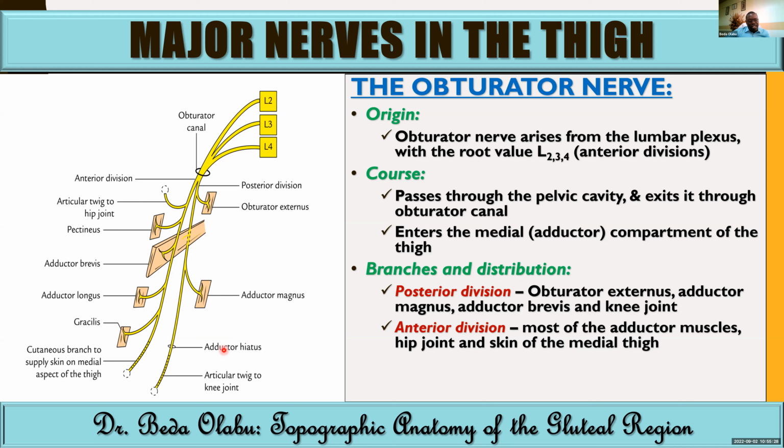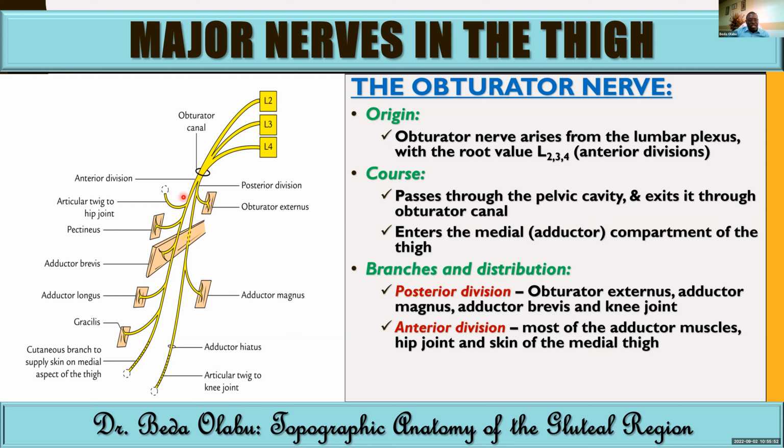That's that one there. Then it supplies the skin and the knee joint. This is the one that passes through the adductor canal. I told you about a twig from the obturator nerve. It goes together with the superficial femoral vessel to the adductor hiatus to go to the knee joint.